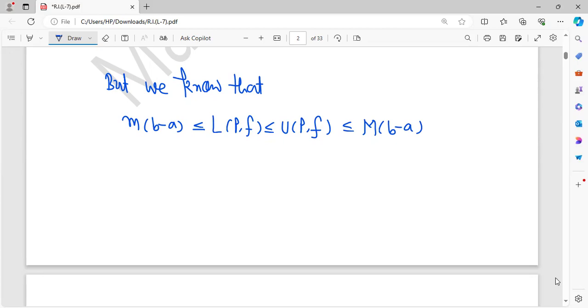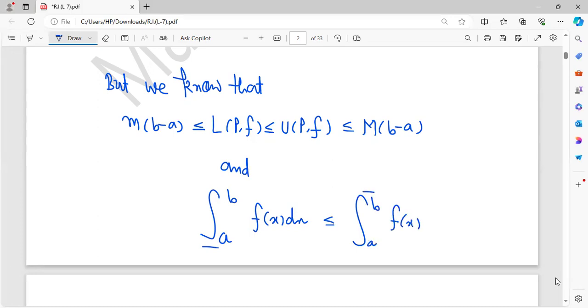We have also proved that the lower integral is always less than or equal to the upper integral. Let's call this triple star.